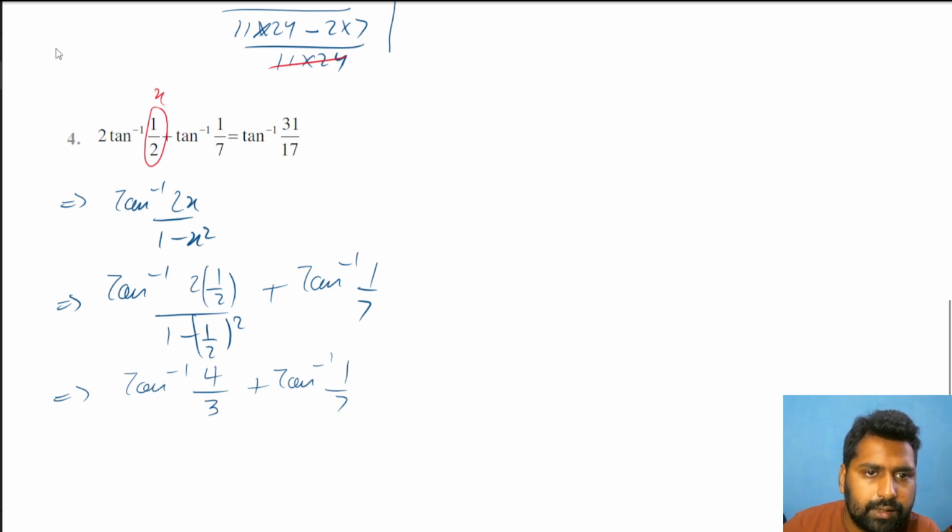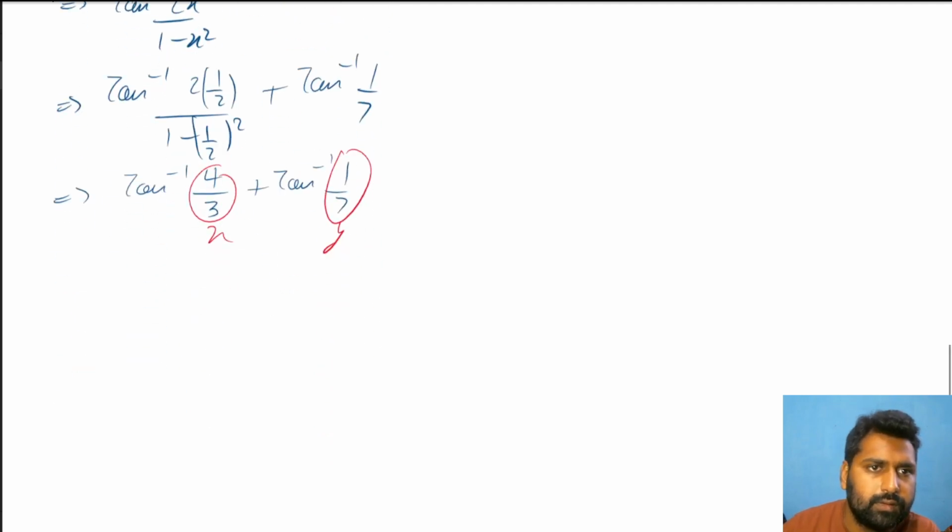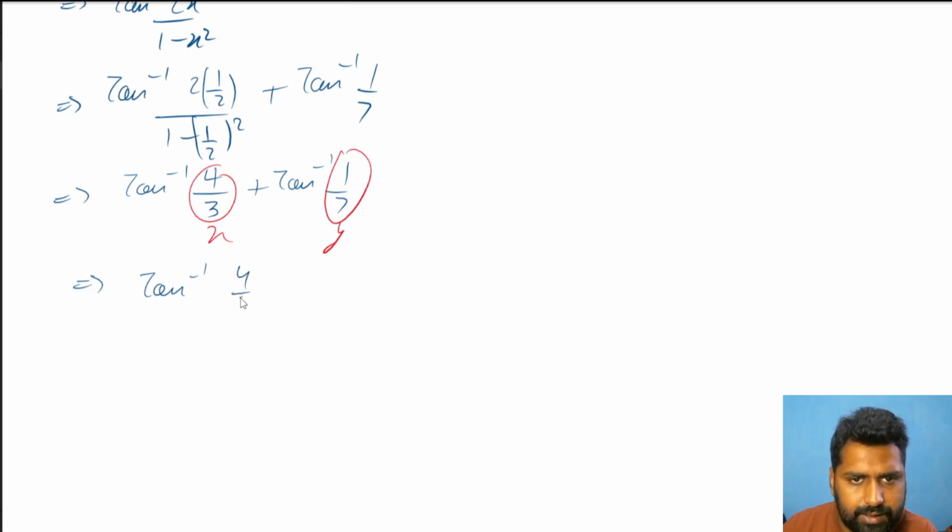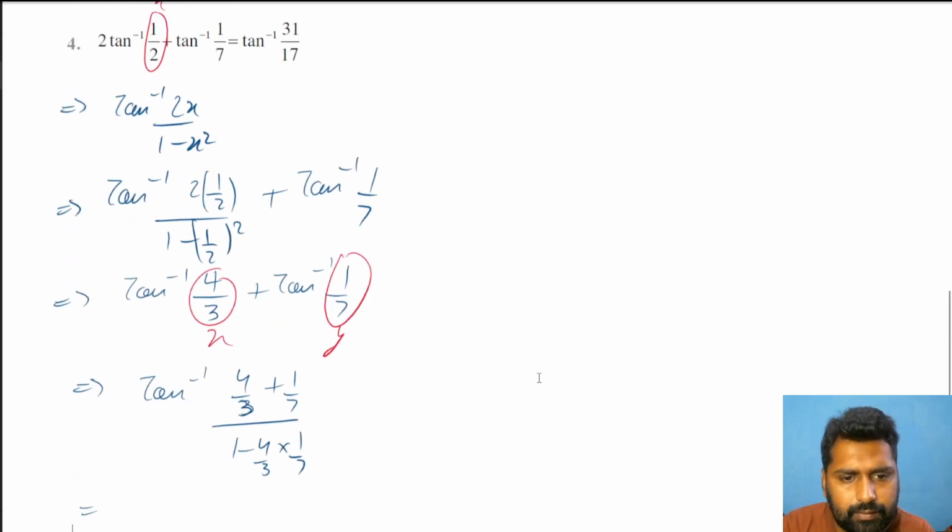Now you apply tan inverse x plus tan inverse y. So tan inverse x plus y, add them, 4 by 3 plus 1 by 7 upon 1 minus 4 by 3 into 1 by 7. Let's solve it here.